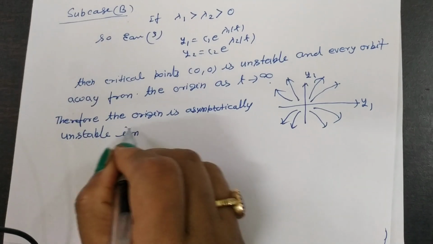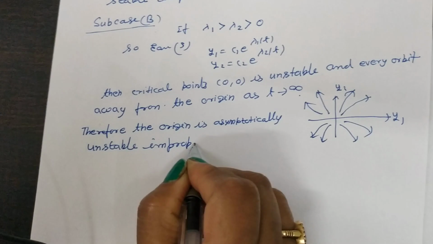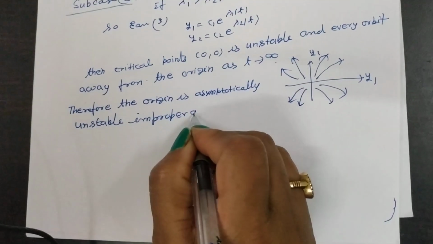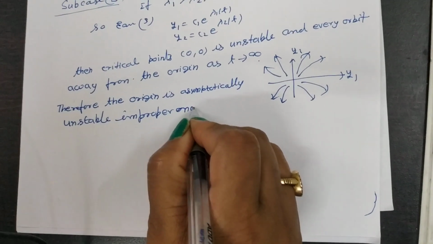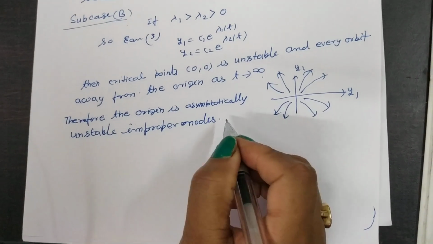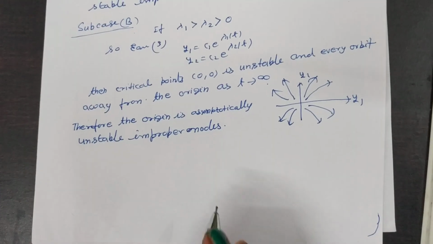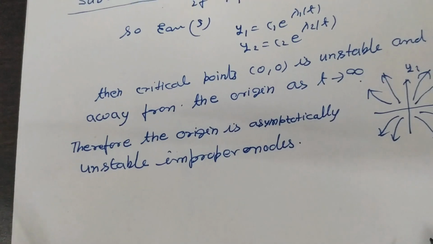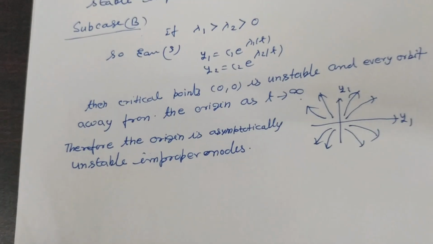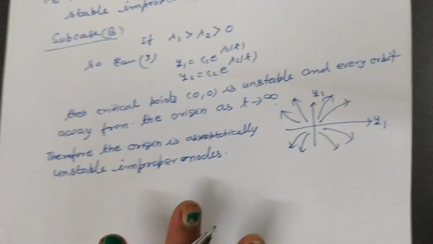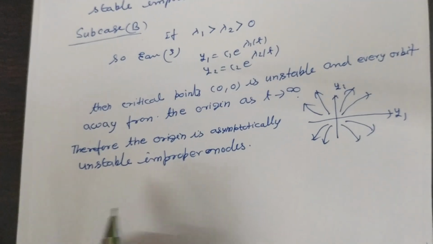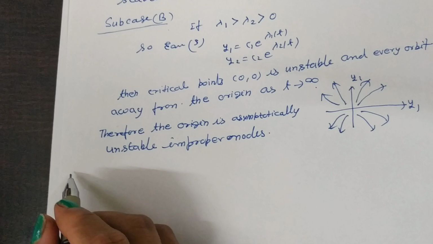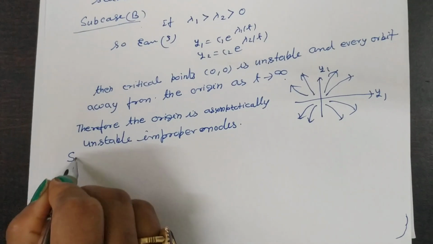Correct? Improper nodes, you have to be clear. This is the case. Now we also define the subcase C.